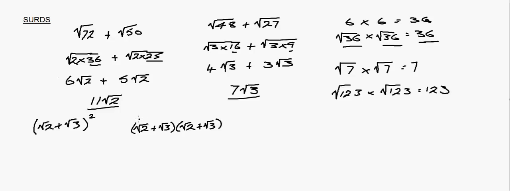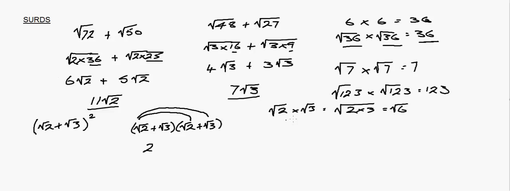So I urge you to write the lines here. So we have root 2 times root 2. Now remember, this rule applies. So root 2 times root 2 is 2. Now we have root 2 multiplied by root 3. Now remember, root 2 times root 3 is exactly the same as root 2 times 3, which gives us root 6.